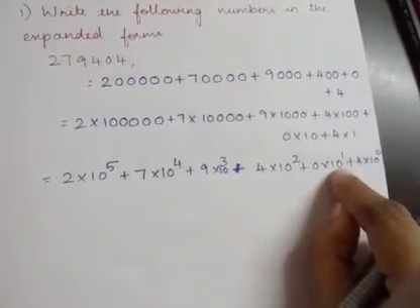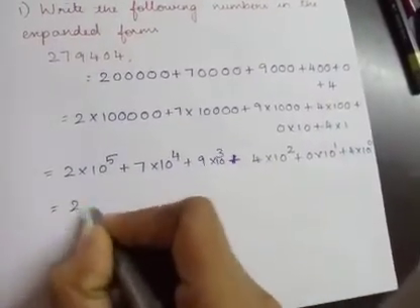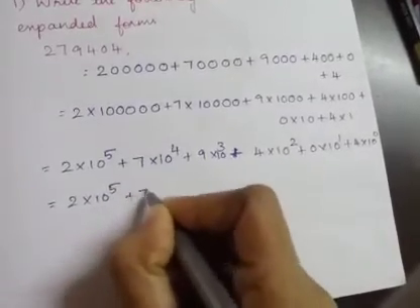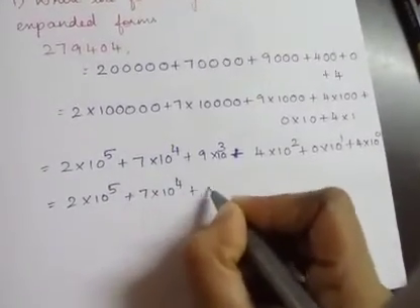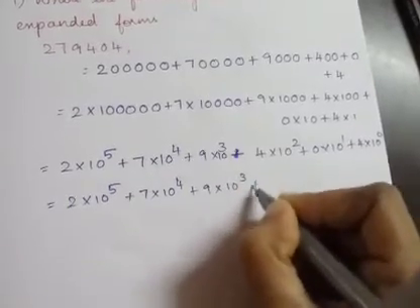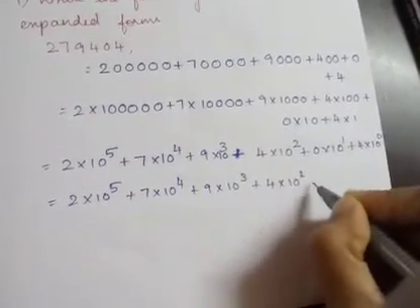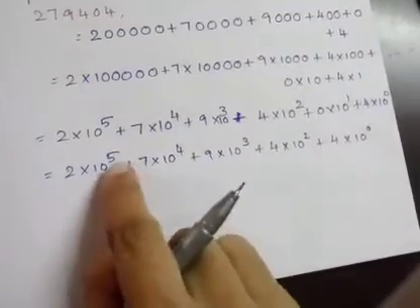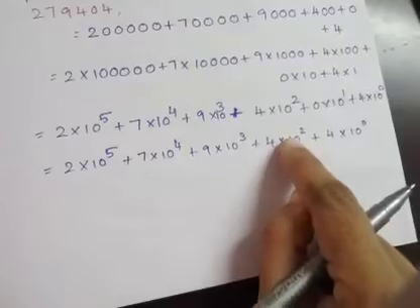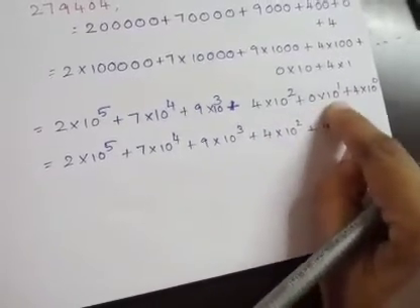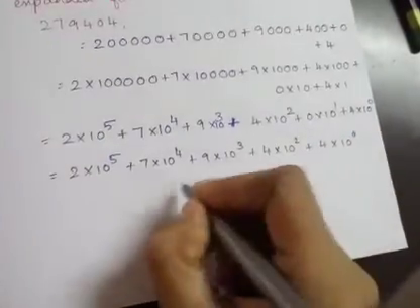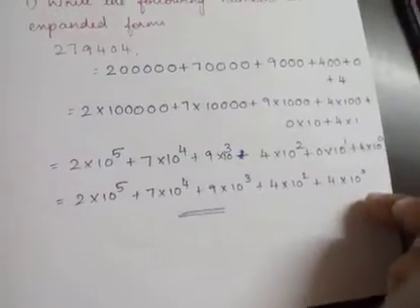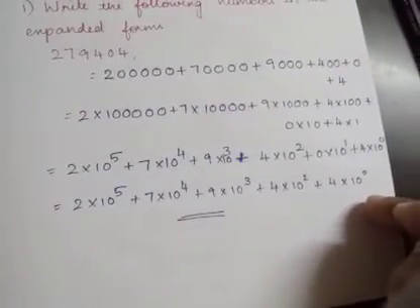I told you, 0 into something is 0 only. So 2 into 10 power 5 plus 7 into 10 power 4 plus 9 into 10 power 3 plus 4 into 10 square plus 4 into 10 power 0. Check that the powers 5, 4, 3, 2, 0 are decreasing. So whether the answer is in decreasing order or not, you can check that alone.